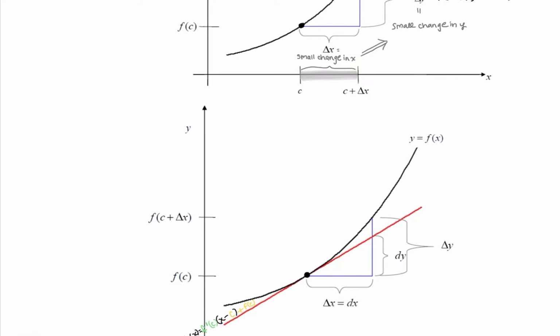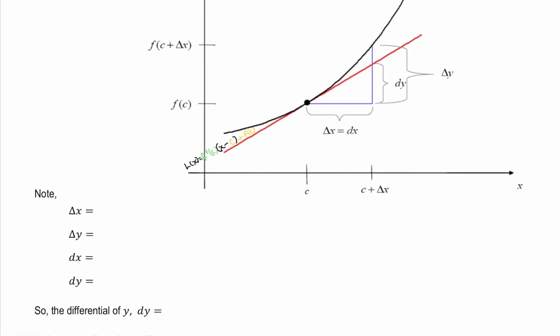Let's write these things down below. I have a summary of some of the things we're looking at here. Delta x is the actual small change in x on the function.